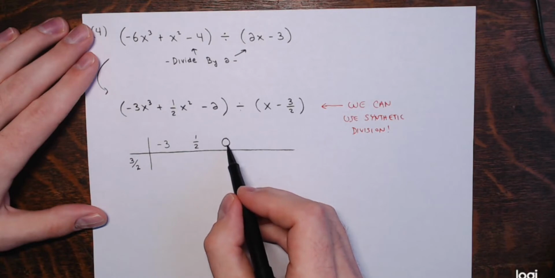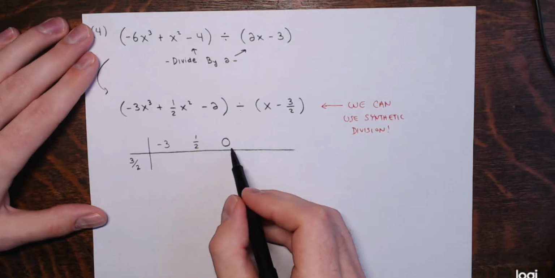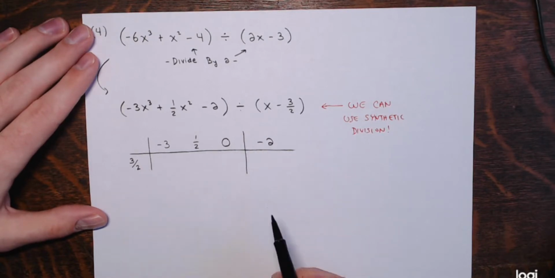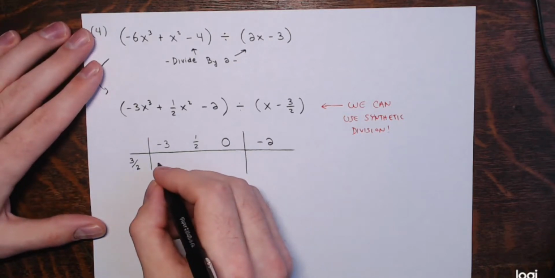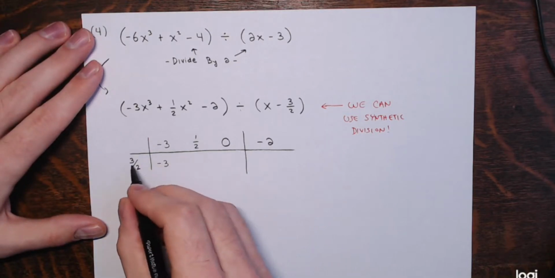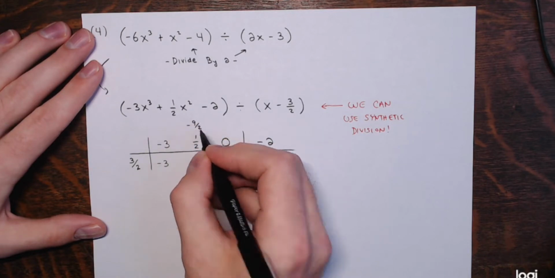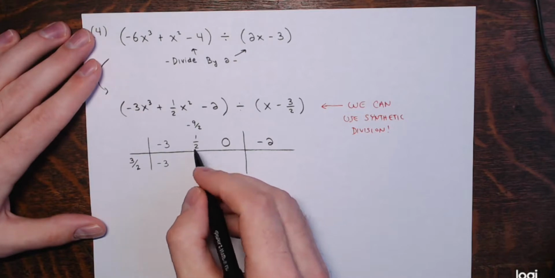Don't skip any powers. There's a -3x cubed, positive 1/2 x squared, 0x, and then the constant term is -2. And then a bar separating the quotient from remainder down here. Dropping the -3, 3 halves times -3 would be -9 halves. And then -9 halves plus 1/2, that's -8 halves, which is -4.